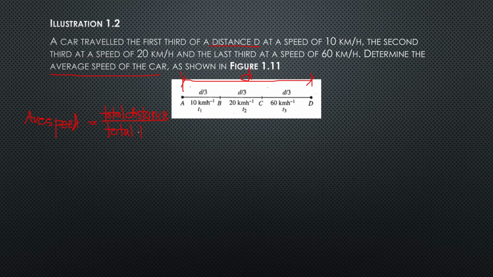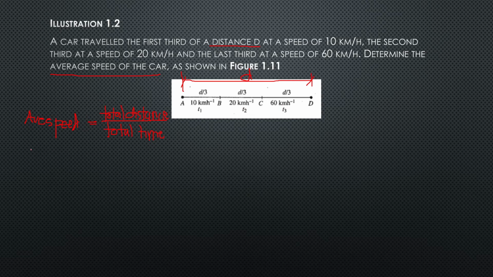So that is total distance. Total distance traveled is distance AB plus distance BC plus distance CD, and the total time taken is T1 plus T2 plus T3.